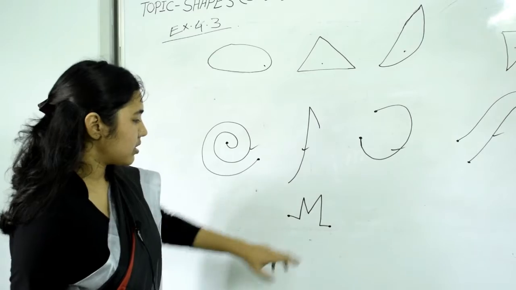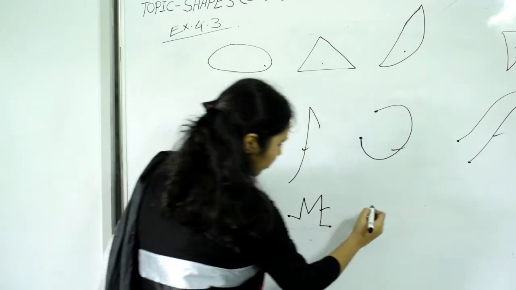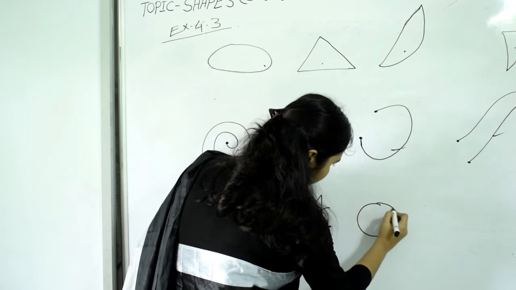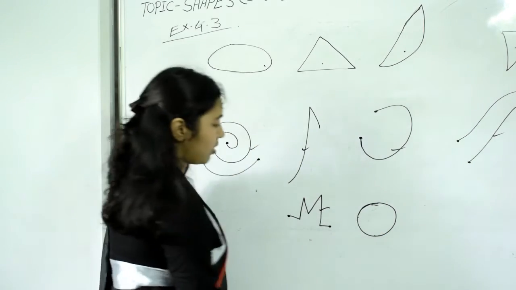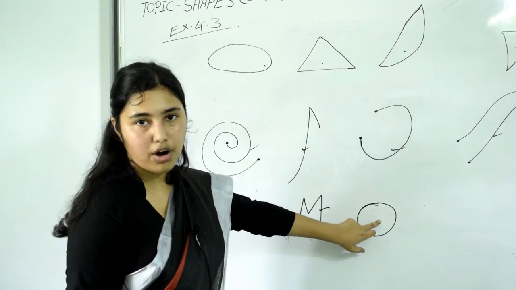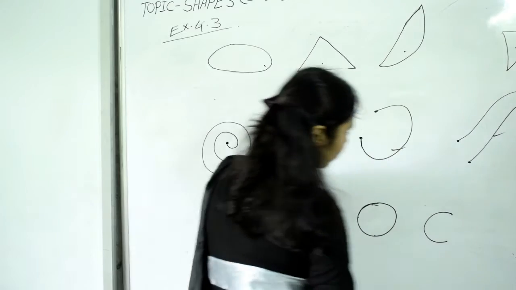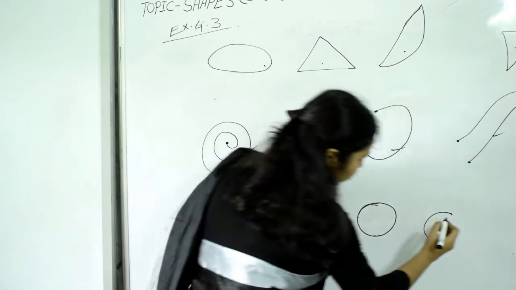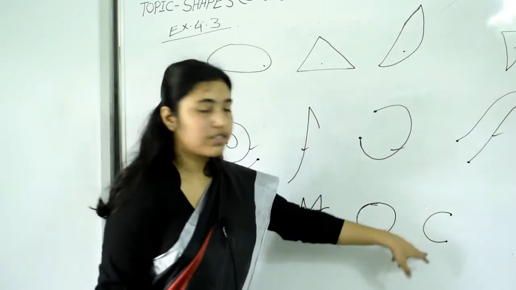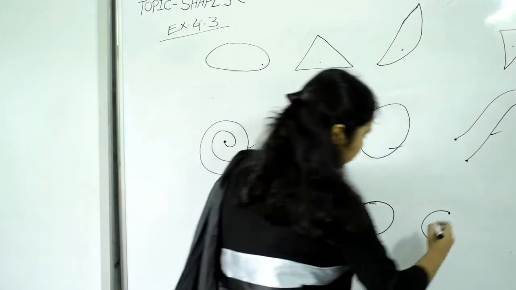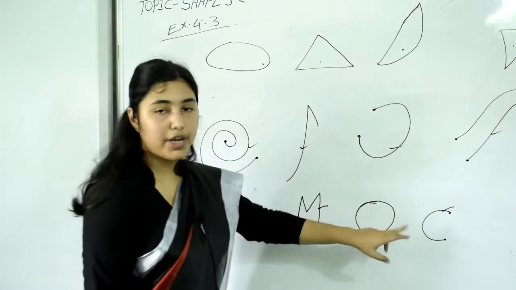Which means this is an open figure. But if we consider O, then this is an example of a closed figure. Consider C. Here also both the points are different, which means C is an example of an open figure.